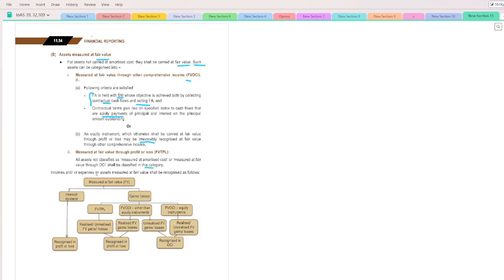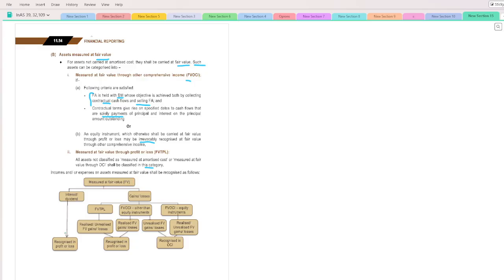And then this is the income or expense, again the repetitive one. Income or expense will be charged under the P&L. The mark-to-market movement under the FVTPL will be transferred to the P&L. Similarly, the mark-to-market movement of the FVOCI equity instrument will be going under the OCI.